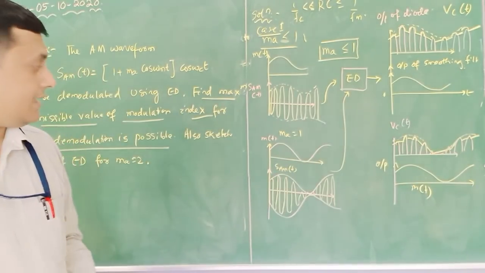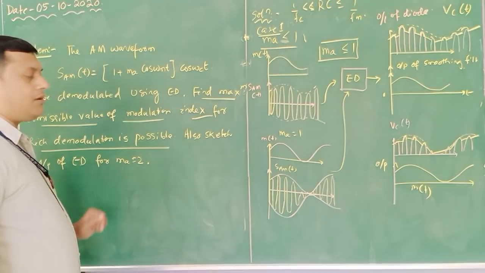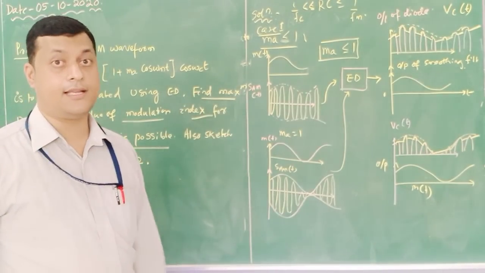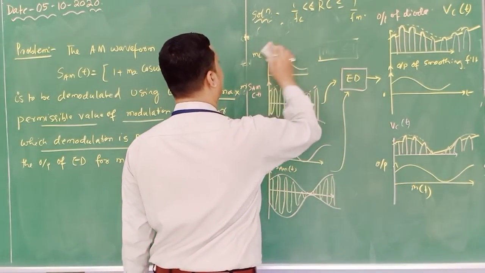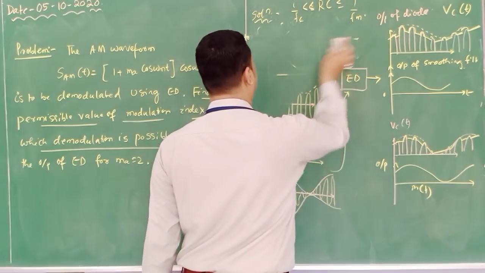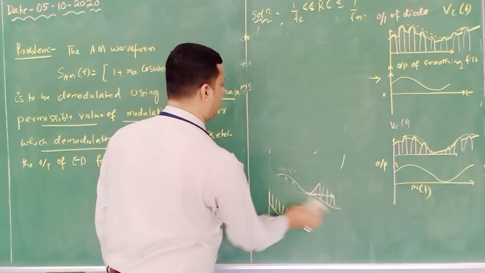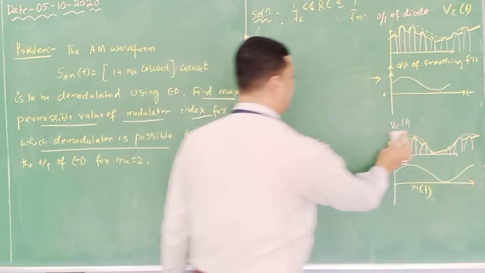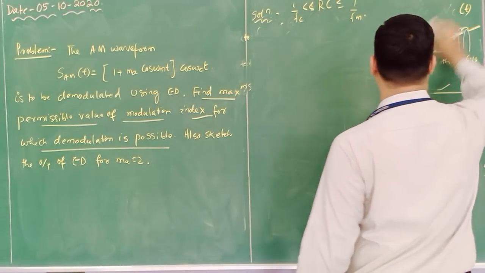Second, here it is asked to sketch the output of the envelope detector for modulation index greater than 1. Modulation index greater than 1 is called over modulation. If it is over modulation, then we cannot reconstruct the modulating signal.